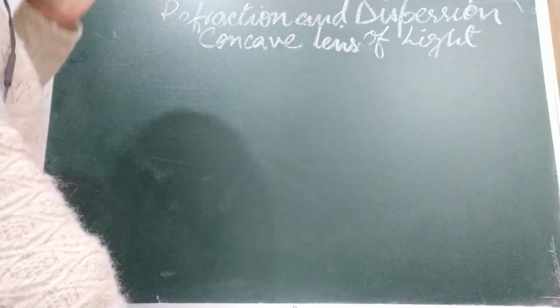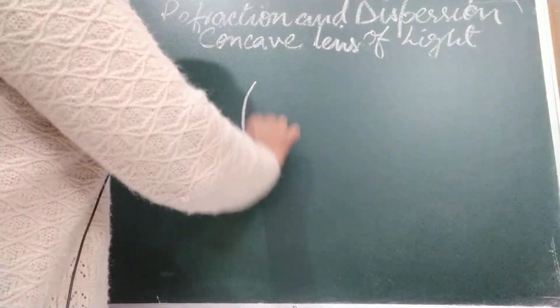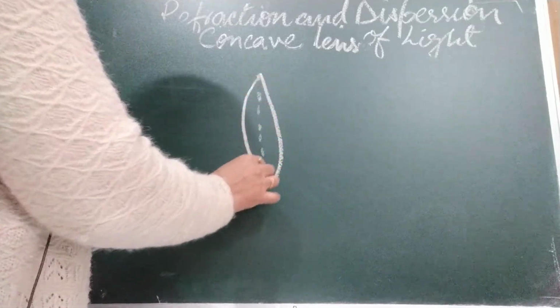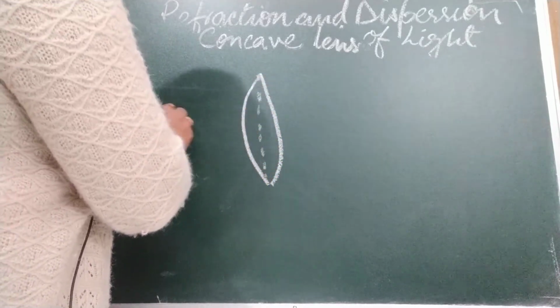The rays falling on a concave lens after refraction always diverge. Therefore, no matter wherever the object is, in any position, we get only, I am going to first draw, then I am going to tell you.